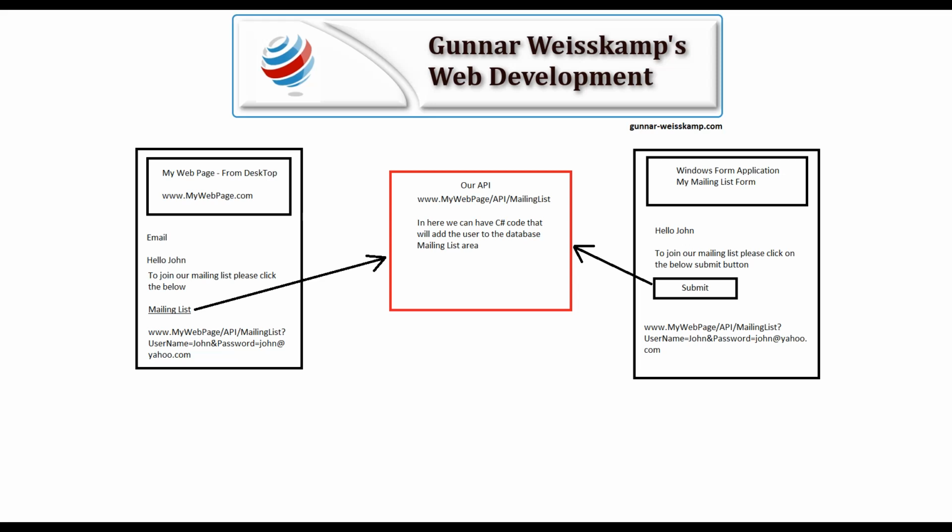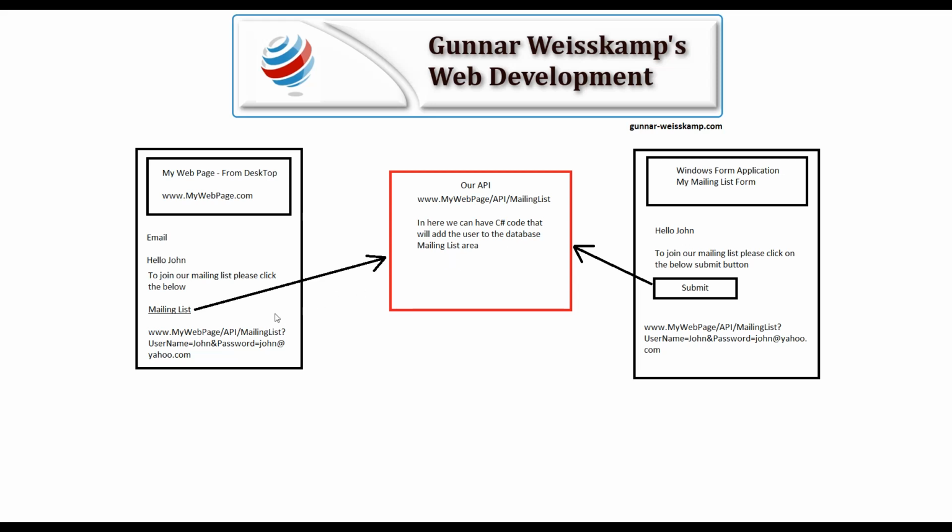So going back, when this arrow is clicked, this will call our API area. You can see the link here is the same as this one here. And as I mentioned, in here you do your C# code that will, in this case, add that user to the database mailing list area.